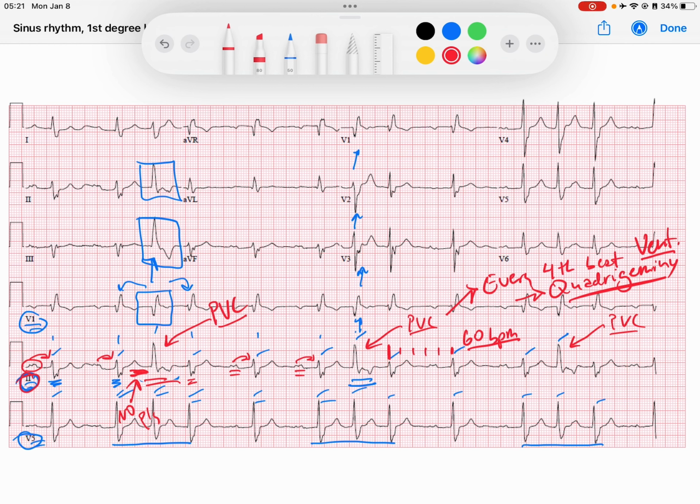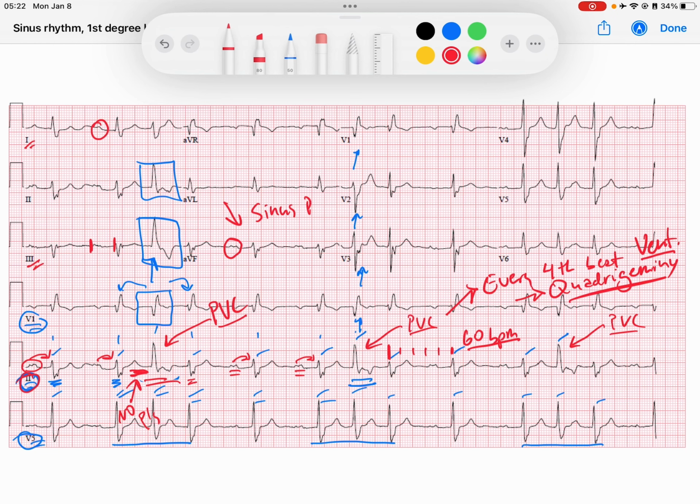My AV node is the next in the conduction system, so I'm going to measure my PR interval. If I look, say, here at lead 3, my beginning of my QRS is right there, and the beginning of my P wave is right there.